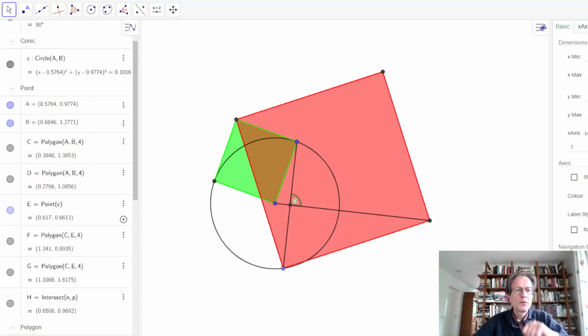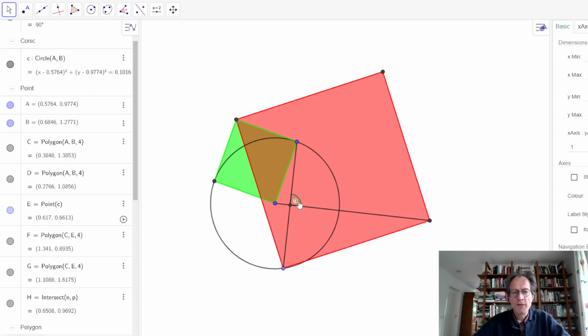Welcome to the solution video of the puzzle Wheel in Motion, an advanced puzzle from June 7th, 2024. It features two squares sharing a vertex and a circle, and on that circle are three other vertices, and the center of the circle is also a vertex of the smaller green square.